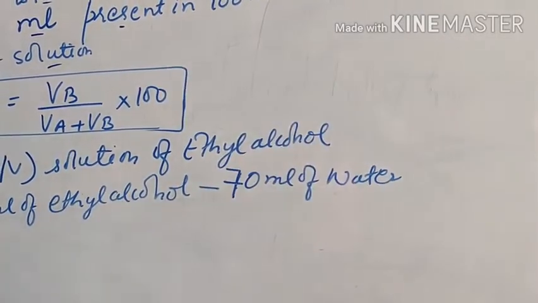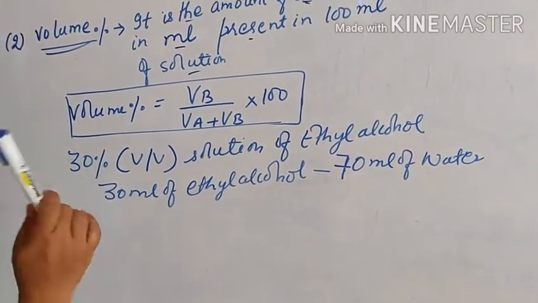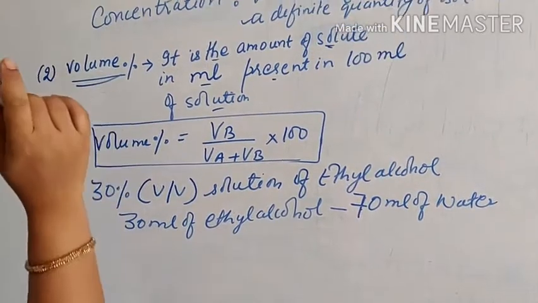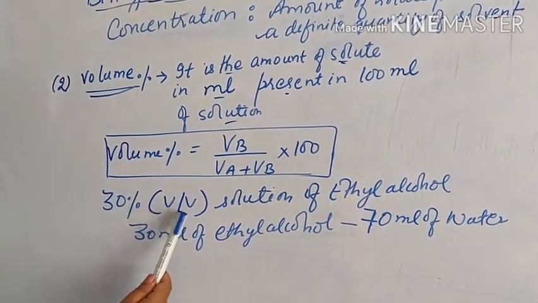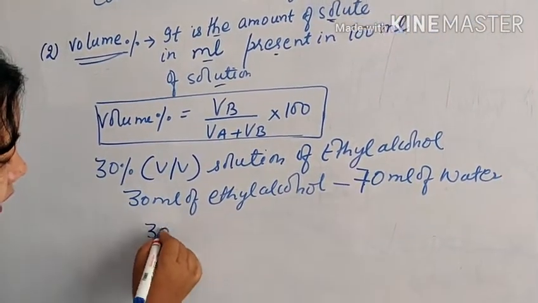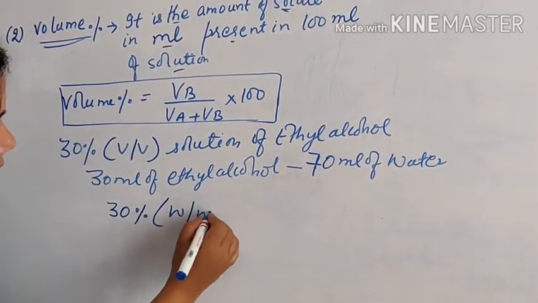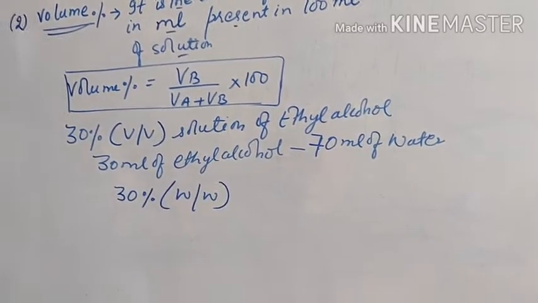So this is how we can represent volume percent. A solution expressed in terms of volume percent is indicated by the symbol V by V, and a solution which is represented in terms of mass percent is represented by W by W.